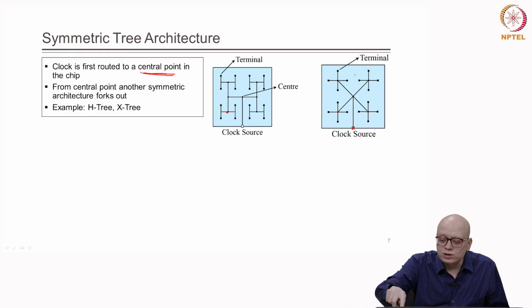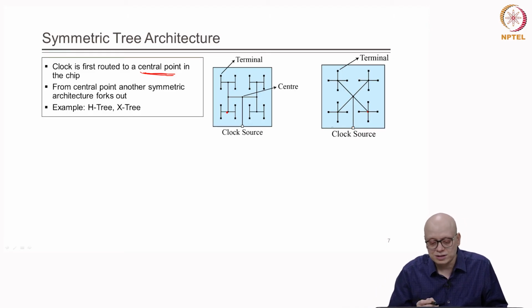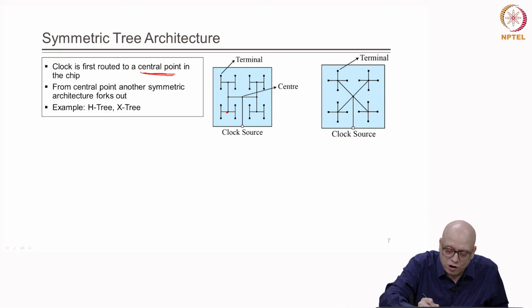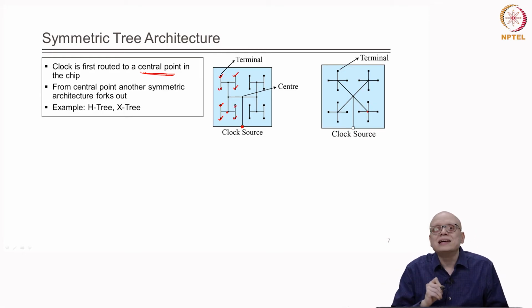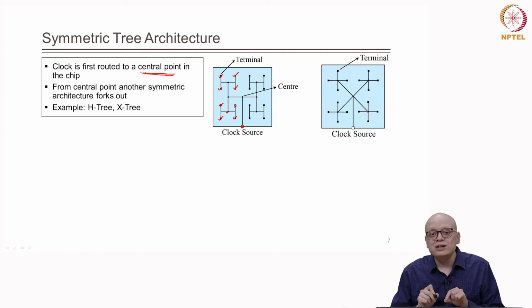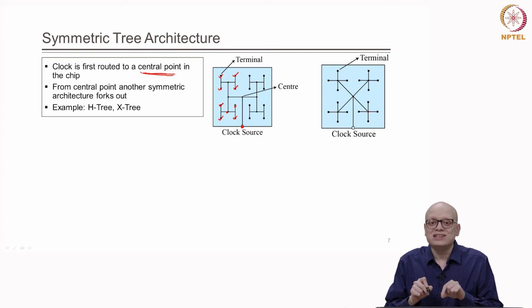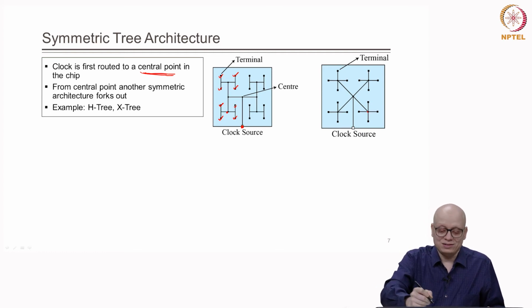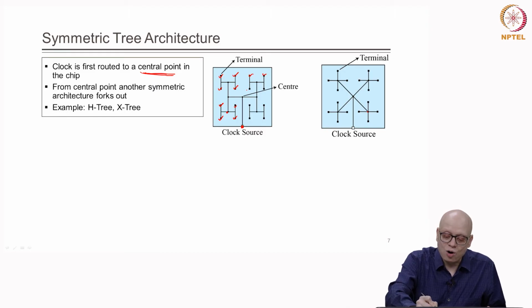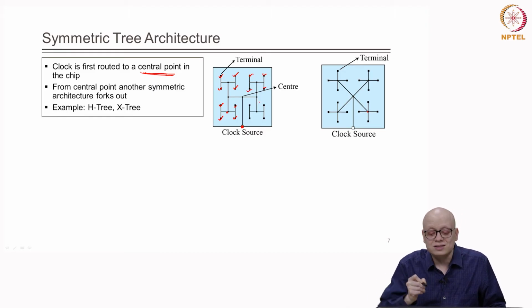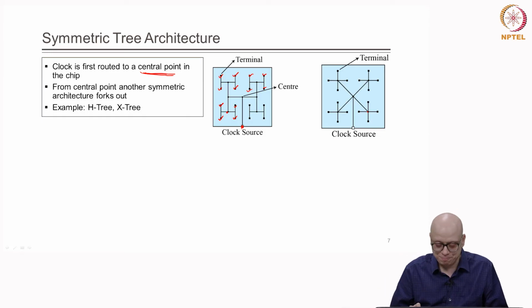If we look into both architectures, we can see that from the clock source to any of these endpoints, all have the same wire length, and therefore we expect that the clock signal will encounter exactly the same delay in all the paths, because all the endpoints have the same distance from the clock source.